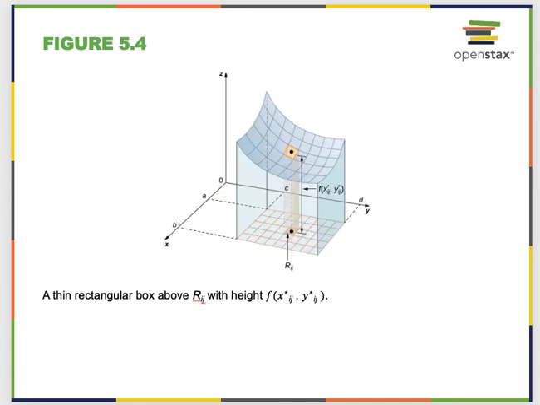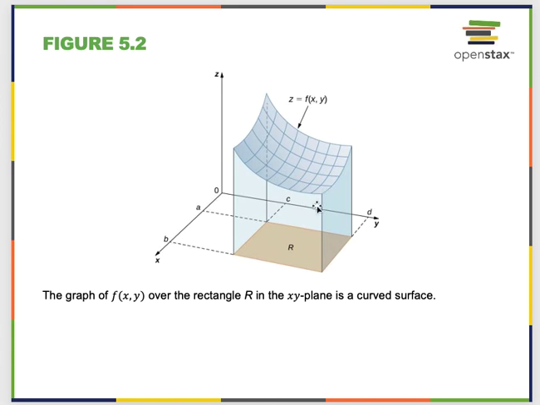That would form a bunch of little thin rectangular boxes above each subrectangle, and then find the volumes of those, and then add them all up. That's exactly what we do to get an approximation for the volume of this figure here that you can see.